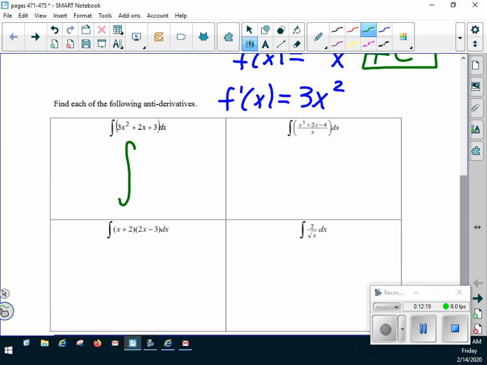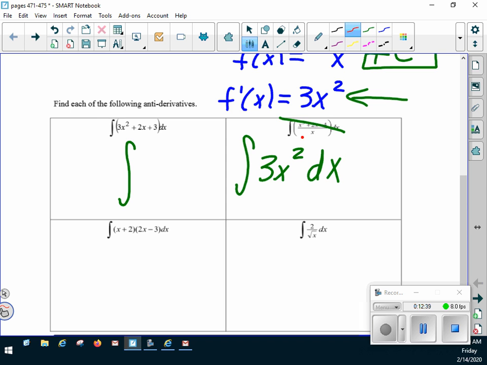So if we go back to this problem right here, if I wanted to find the original f of x, I would have written the integral of 3x squared dx.